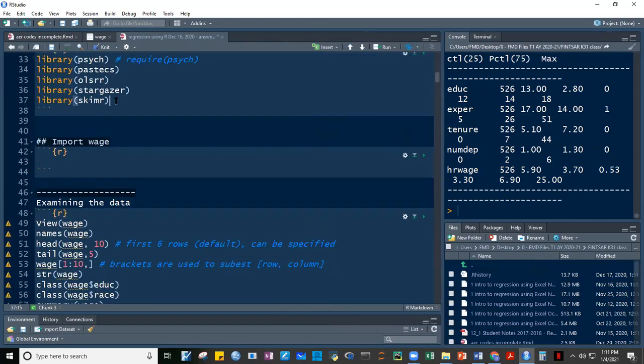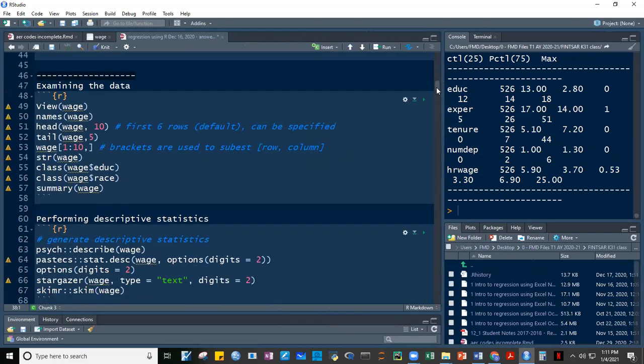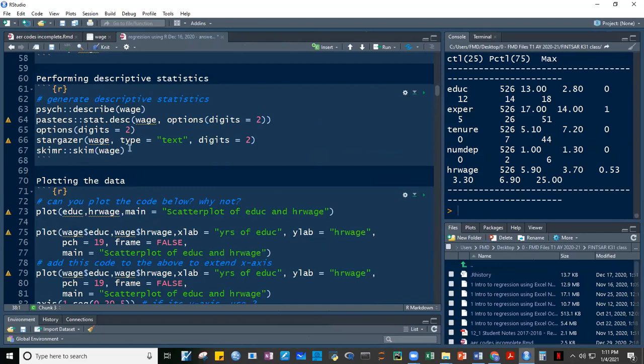Ito na. I already required the scheme R. Bakit ayaw?